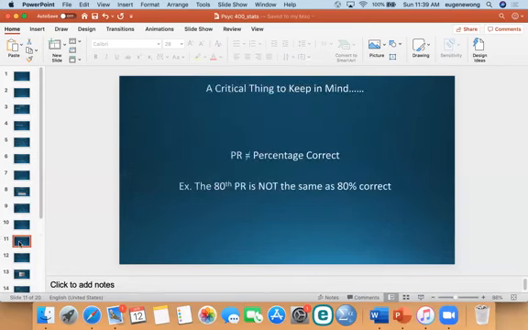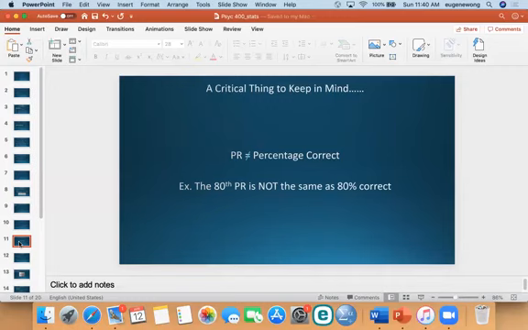Now, it is absolutely critical to keep in mind that a percentile rank is not percentage correct. In other words, if we say that some score is at the 80th percentile rank, it does not mean that person got 80% correct. The 80th percentile rank is saying that that person's score is such that 80% of scores are at that person's score and less. 20% of scores are above this person's score.